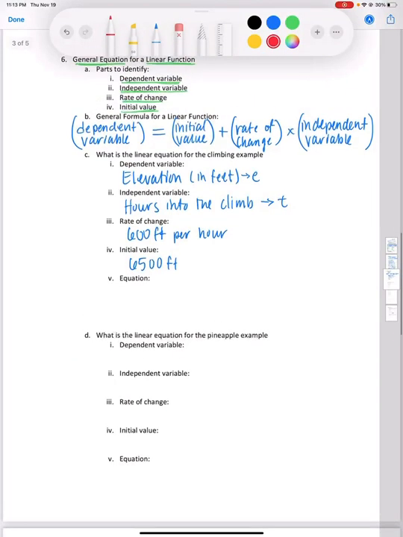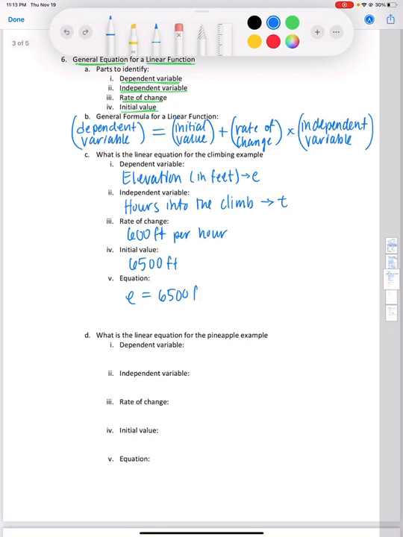Okay, so the equation that we have, we're going to follow this part right here. Dependent variable, which we said was E, is equal to our initial value, which we said was 6,500 feet, plus the rate of change, which is 600 feet per hour.